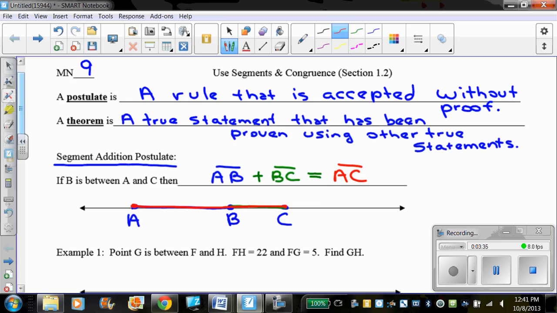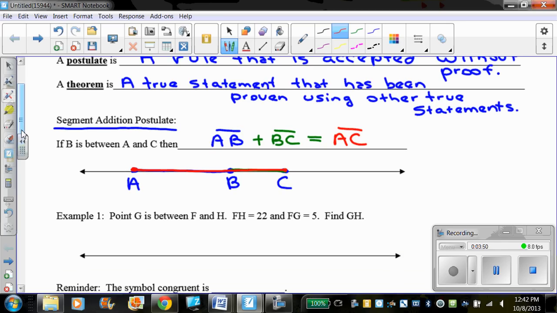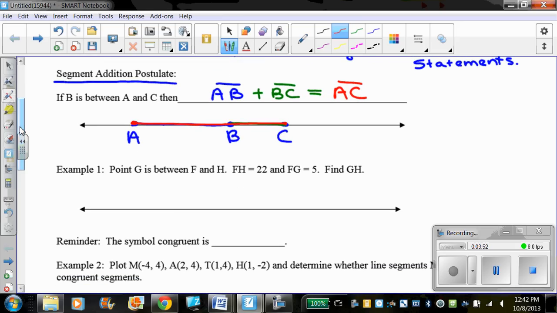So let me say again, segment addition postulate is literally taking pieces of a segment, so segment AB plus segment BC would give you the full length of AC. Now that is a very general look at what the segment addition postulate states. So let's do an example down here.